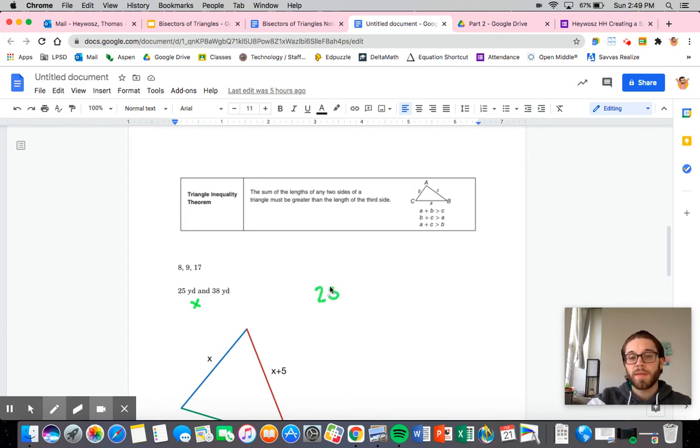I know that 25 plus X needs to be bigger than 38. 38 plus X needs to be greater than 25, which is simple enough. And we also know that the third one would be that 25 plus 38 has to be greater than X. These are the 3 things that we have to satisfy.